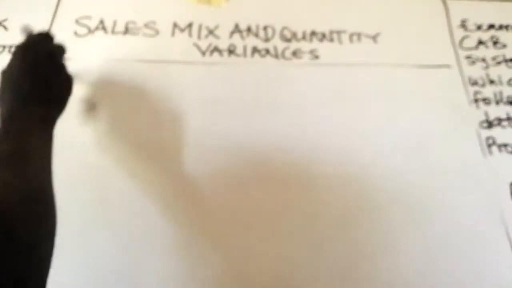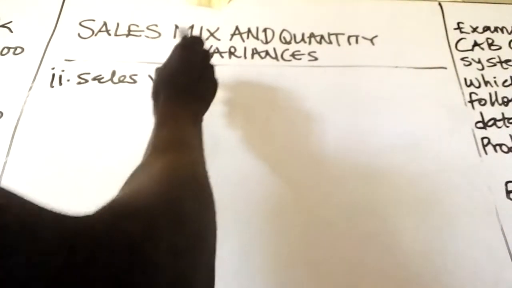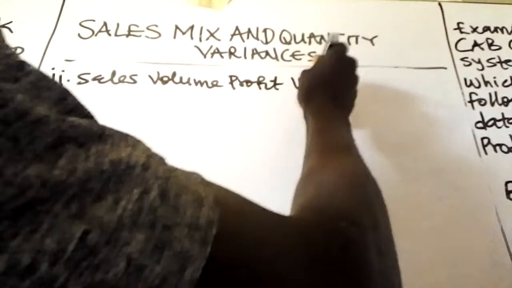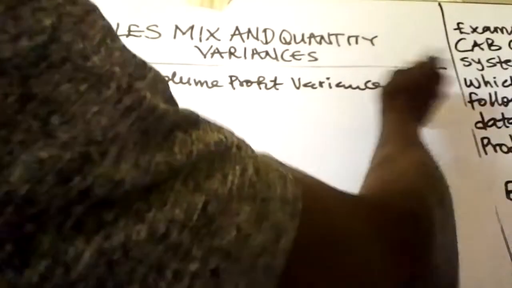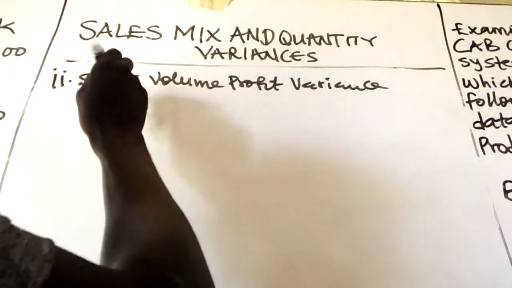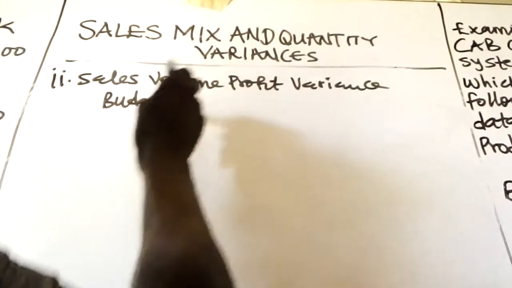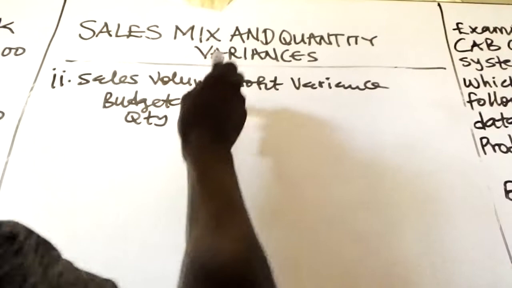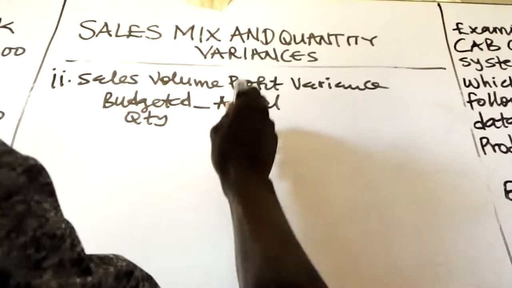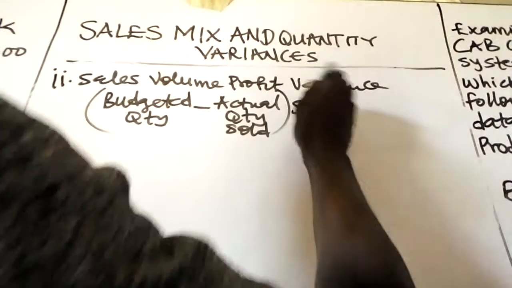I've told you that this is the difference between the budgeted quantity minus actual quantity sold, multiplied by the standard profit.